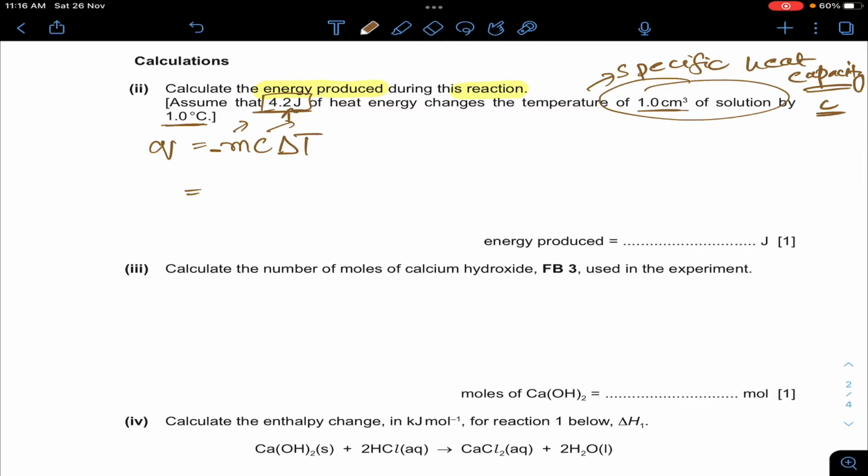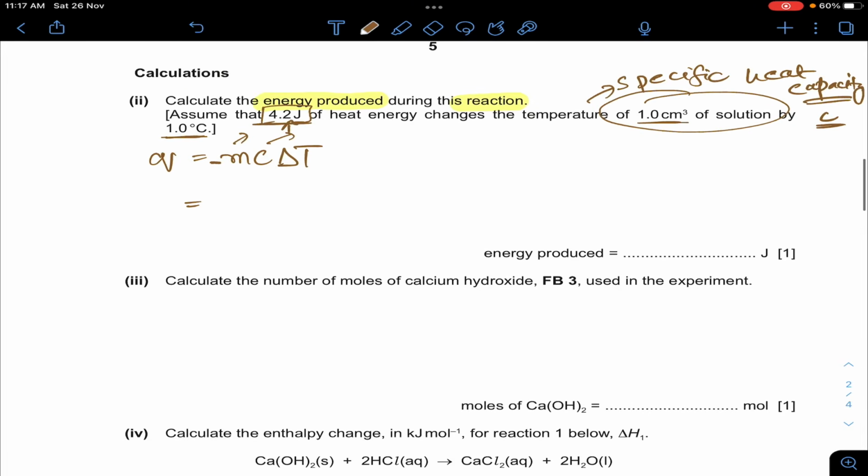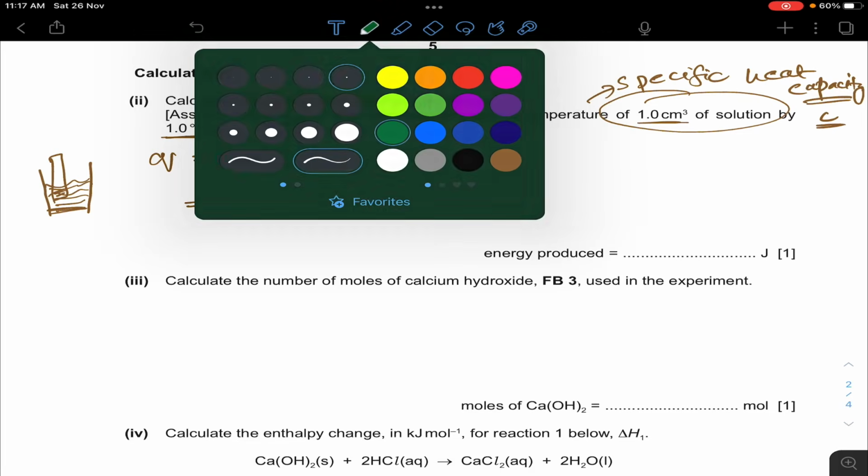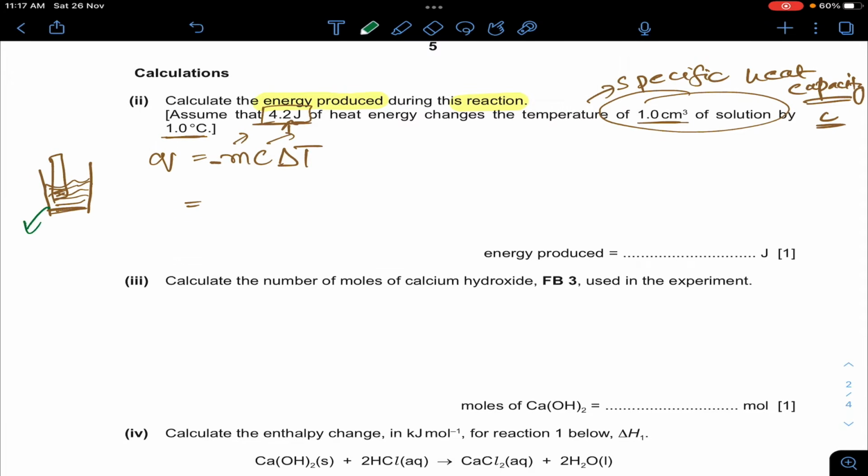Now the mass of solution, what mass of solution do we have to take? You have to understand that you have added 30 cm cube of FB2 into this plastic cup, and then you have added calcium hydroxide. The thermometer was placed in the container, you were recording the temperature, and the temperature that we have recorded is the temperature of the surroundings.